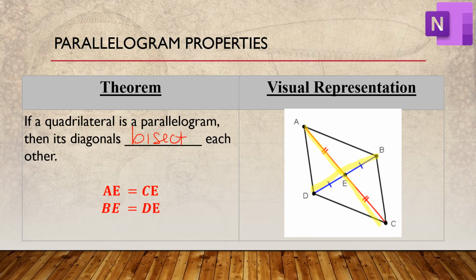And based on the markings that you see, diagonal AC and DB or BD are intersecting each other or bisecting each other. So that creates 2 pairs of congruent segments. So AE is equal to the segment CE, and segment BE is equal to the segment DE.